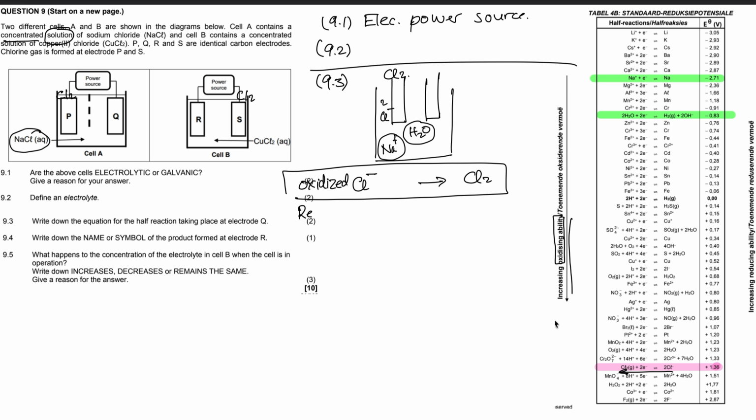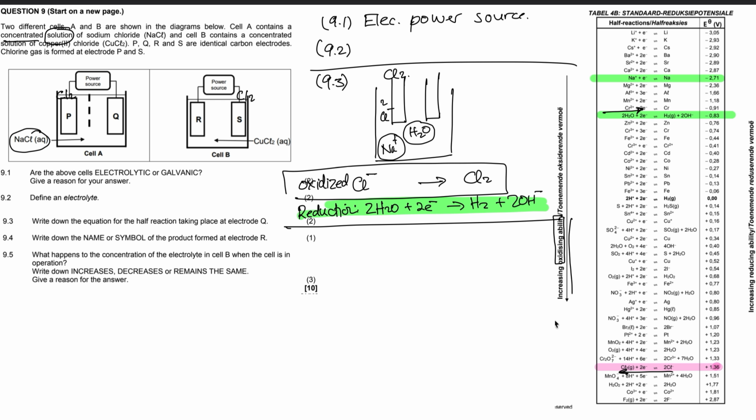So the reduction half reaction, I write from left to right. It's going to be 2H2O plus 2 electrons going to H2 plus 2OH minus. And that's my answer. This is the answer here.